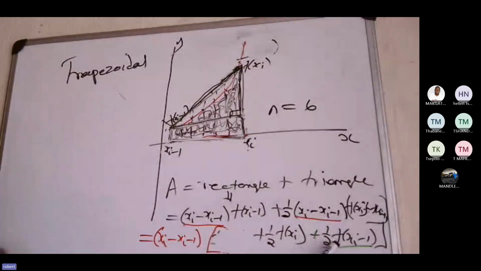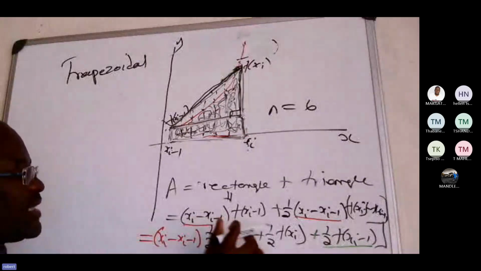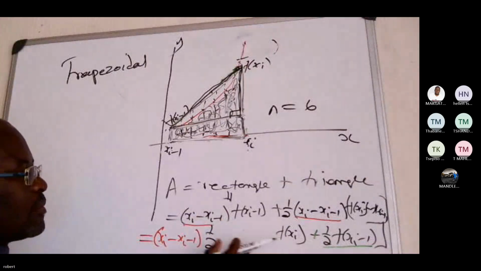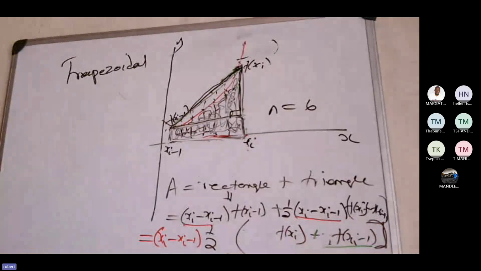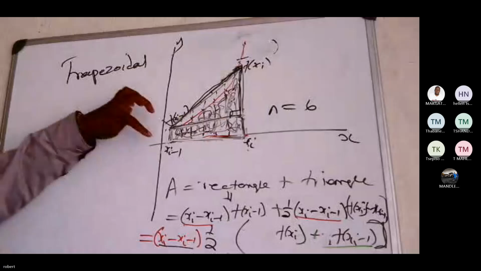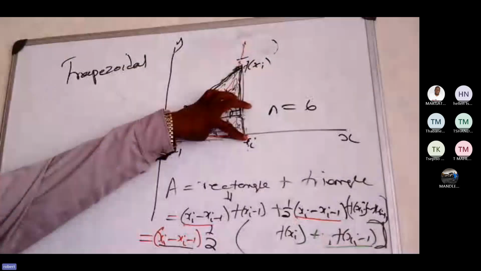Then you can simply take the half out because half here is a common factor. Then it will be half in brackets this. Again, if you look at this, let's say this is B.